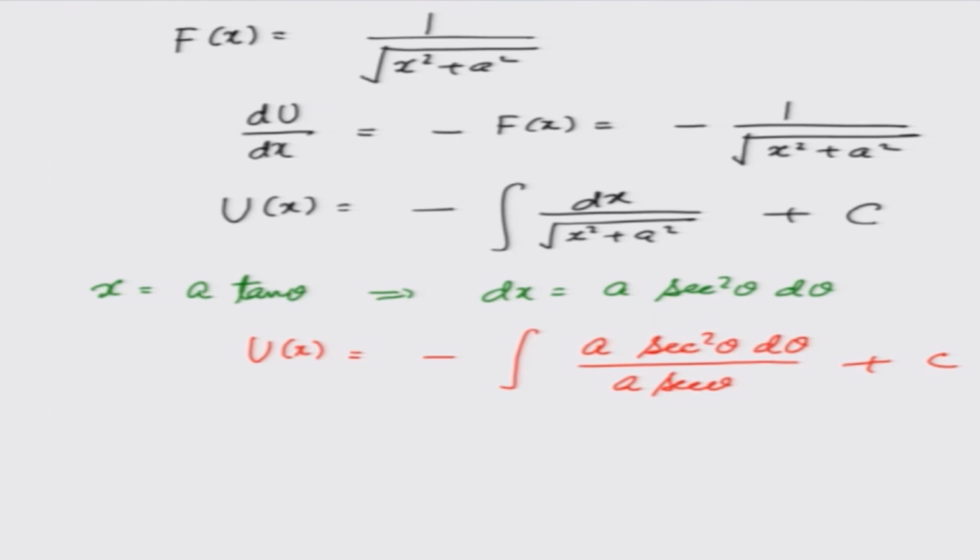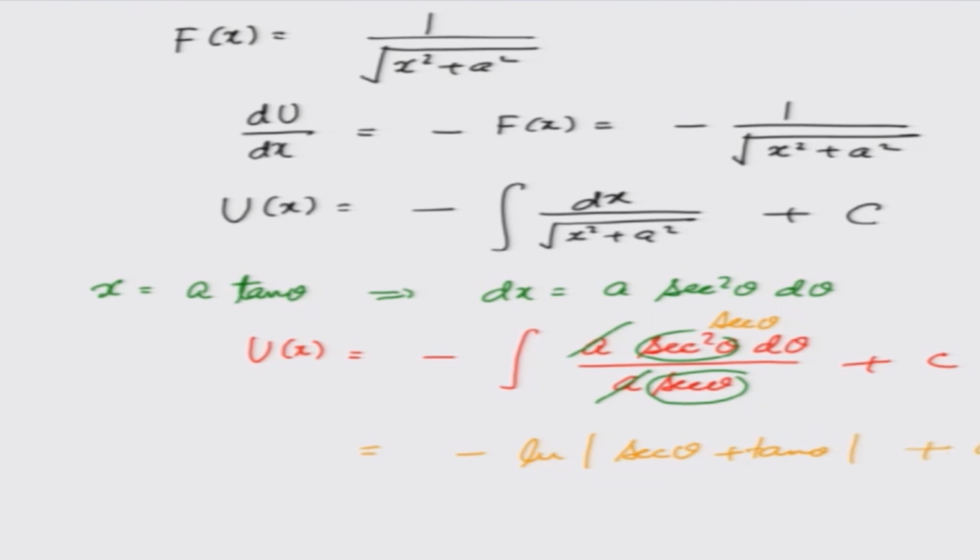This a cancels, secant theta cancels one of the secant thetas, and I am left with only one secant theta, and the integral of secant theta d theta is equal to minus log of modulus of secant theta plus tangent theta plus the constant c.